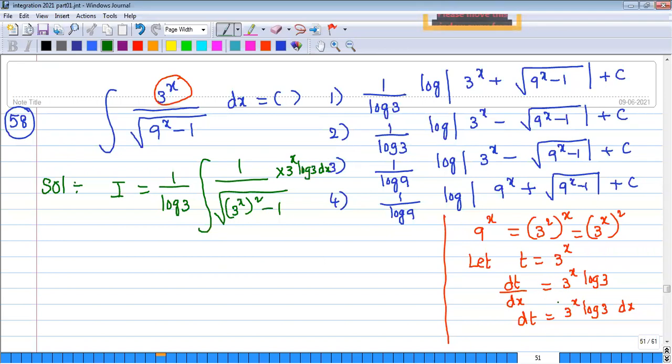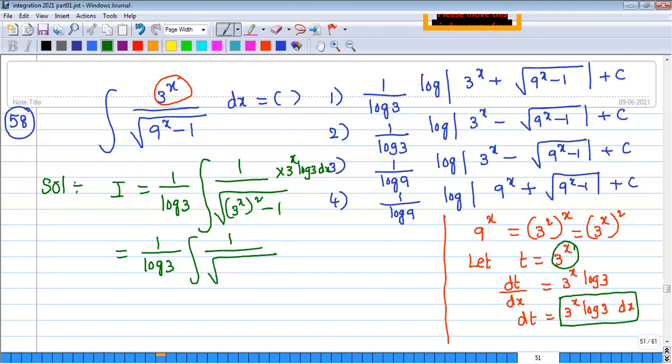Now 3 power x log 3 dx is replaced by dt, 3 power x replaced by t. So this becomes 1 upon log 3 integral 1 upon under root of t square minus 1 dt.